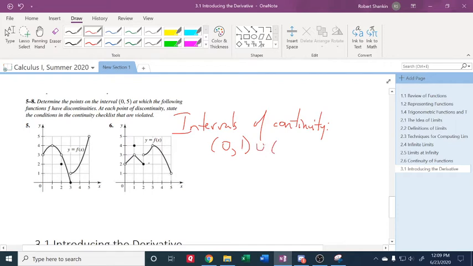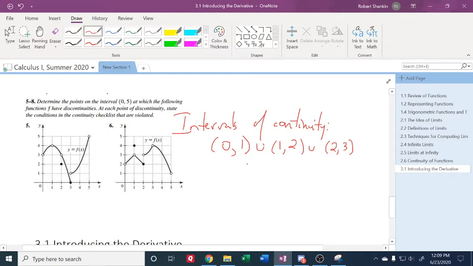And then from 1 to 2. Are you using graph number 6 or graph number 5? I think I'm using graph 6. Okay. So from 0 to 1 along the x-axis, 1 to 2 along the x-axis, from 2 to 3. Shouldn't the 2 have a bracket on the right of it? The 1, 2? All right.